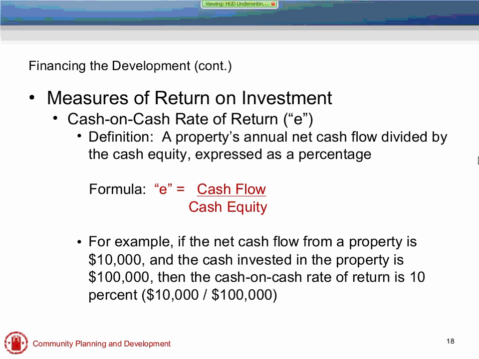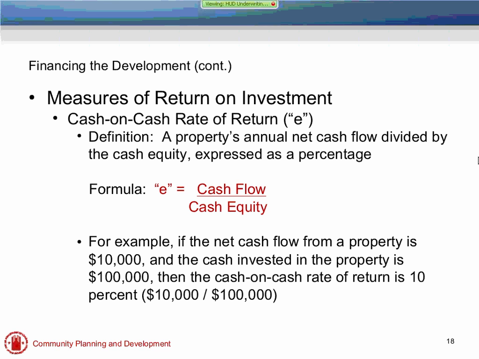When most developers decide to do a project, they do it based upon expecting to get a certain cash-on-cash rate of return. And pretty much all conventionally financed projects, i.e., projects that don't have government subsidies or rent restrictions, are done by developers who are looking for a certain cash-on-cash rate of return.